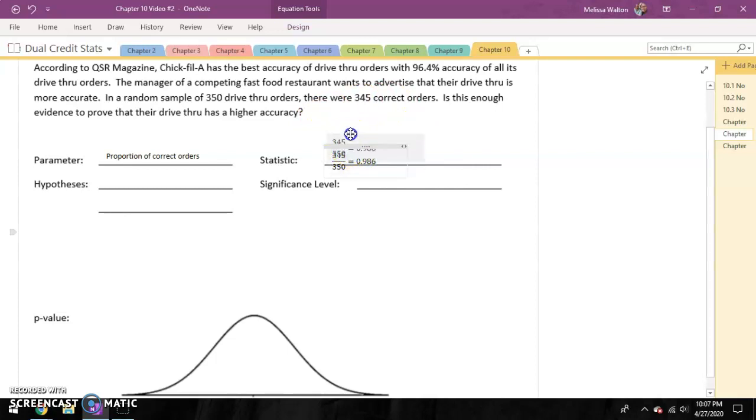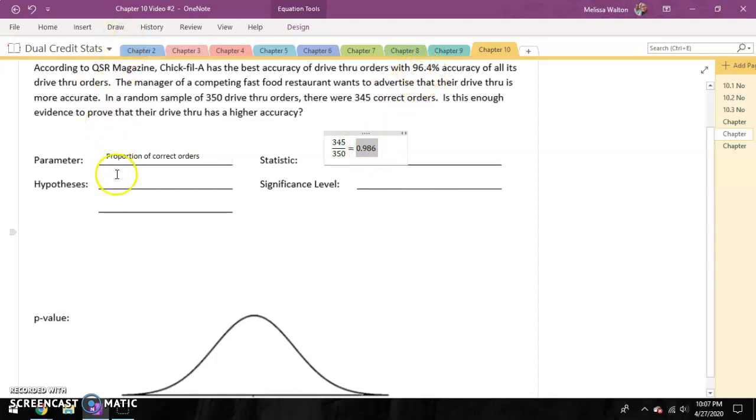Now, technically, in this sample, 98.6% is better than 96.4%. However, this is only a sample of 350, and this is a sample of pretty much all of Chick-fil-A's, a much, much bigger sample. Is this enough to state definitively that this has a higher accuracy rate than Chick-fil-A?